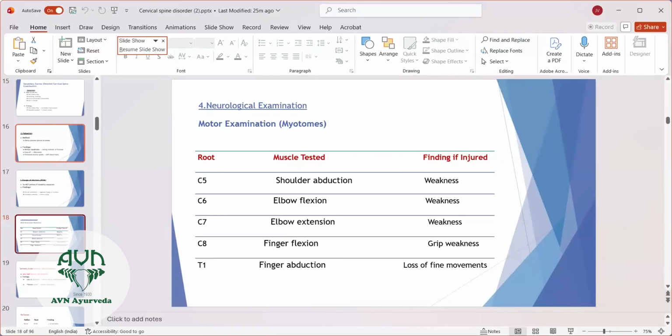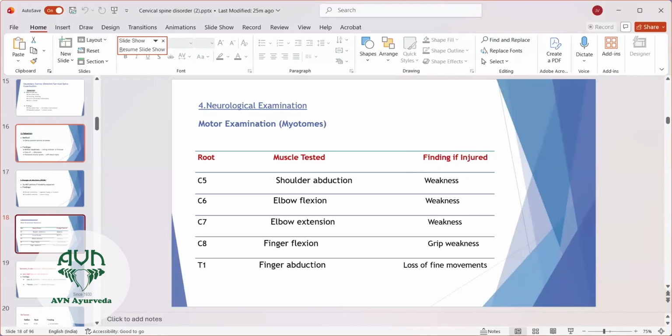So if the C5 nerve root is affected, the patient can't abduct the shoulder joint. If the C6 nerve root is affected, elbow flexion will be weak or difficult. If the C7 nerve root is affected, elbow extension is weak or absent.